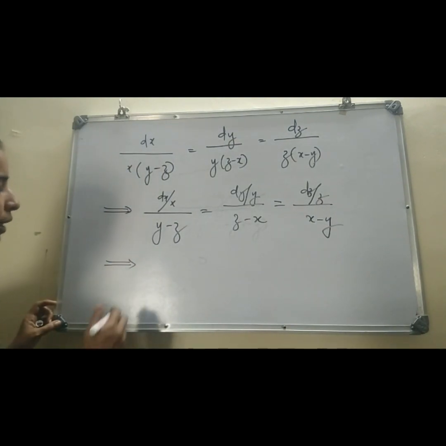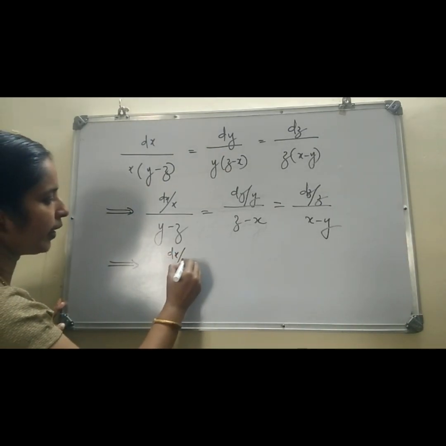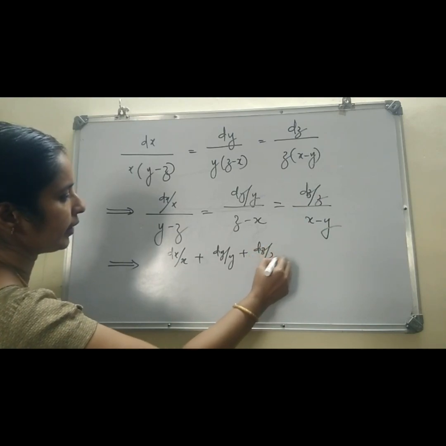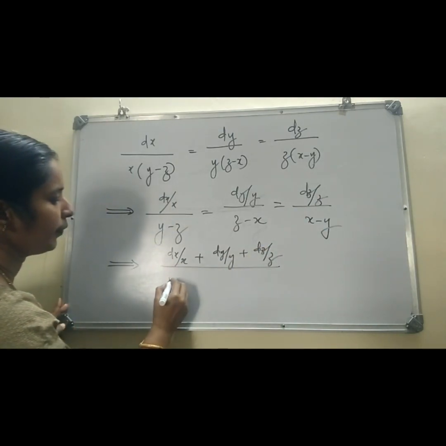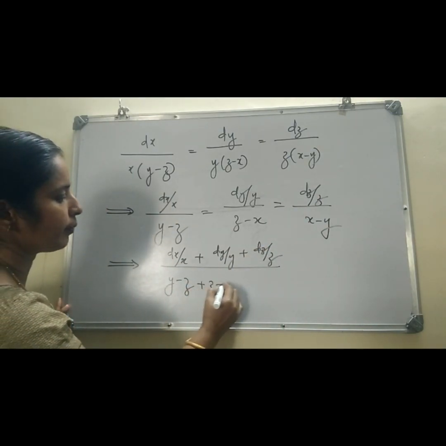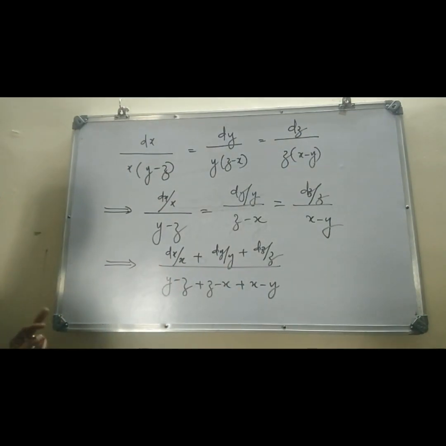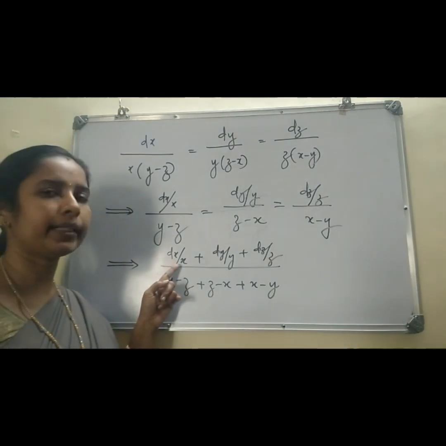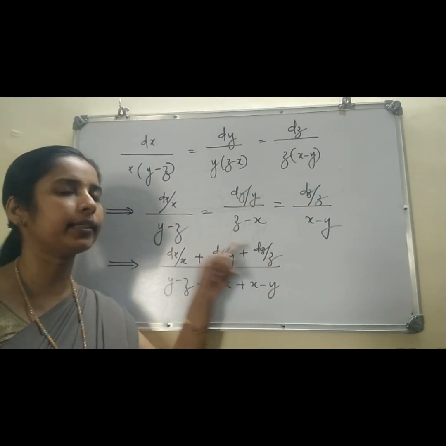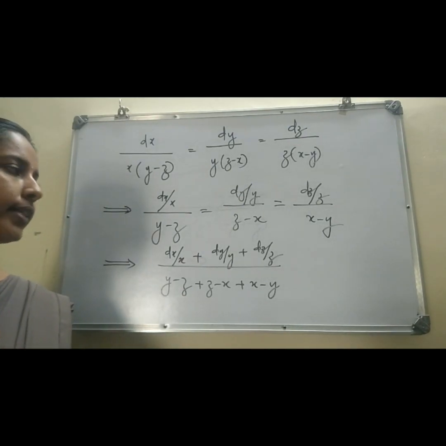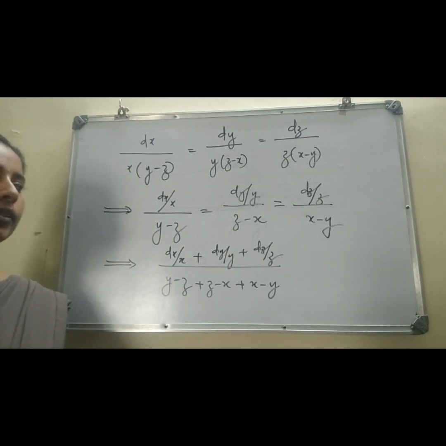So you consider that combination, that is dx by x plus dy by y plus dz by z whole divided by y minus z plus z minus x plus x minus y. See, the denominator is 0. So we will get dx by x plus dy by y plus dz by z equal to 0, and solving, you can see another solution is xyz equal to c2.